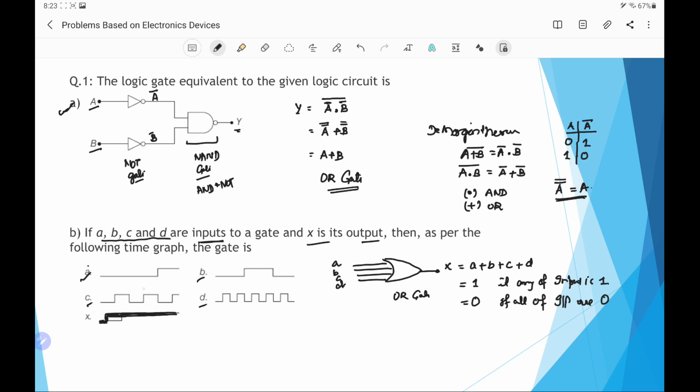Here we can see using the given inputs that the output will be 0 when all four inputs are low, and afterwards at least one input is high, so we will have an OR gate. So the gate represented is the OR gate.